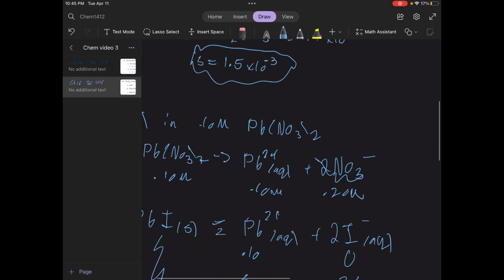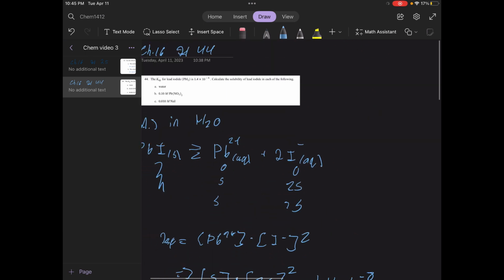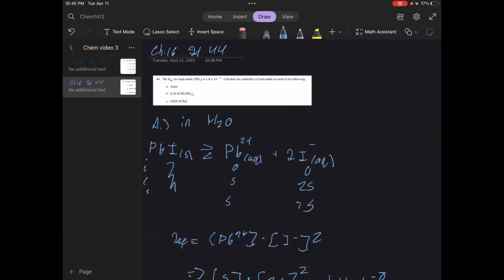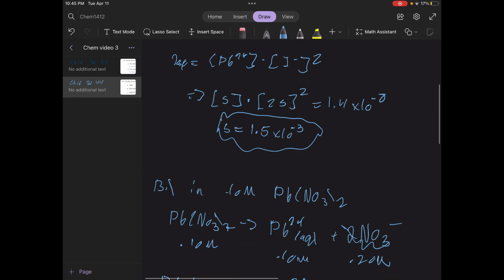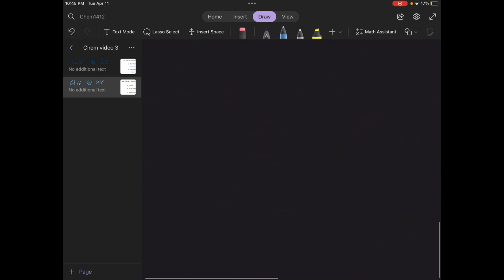Okay, and for part C, it's going to be 0.010 M of NaI. Here, it's also going to be really similar to what we did before. So it's going to be 0.010 M of NaI. So here we're going to write our equation.